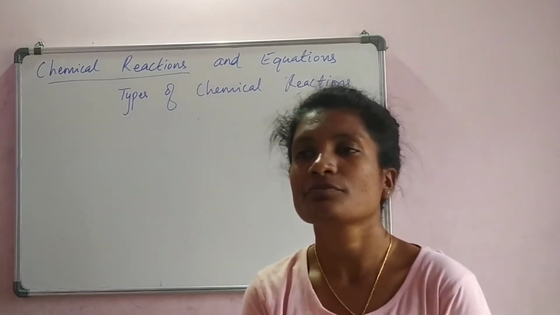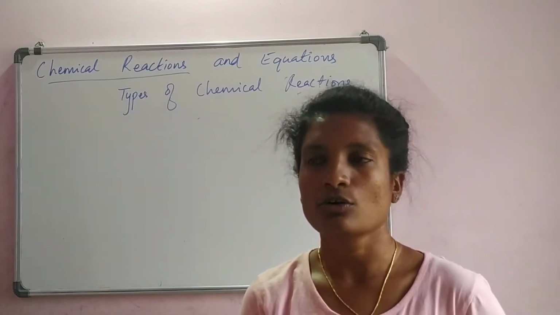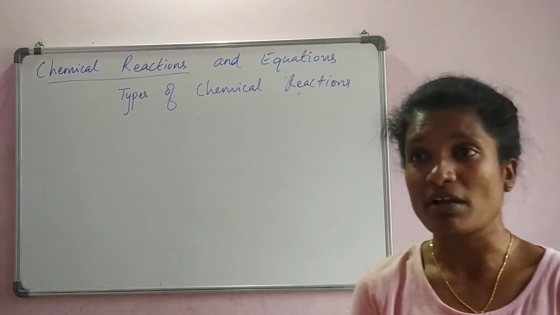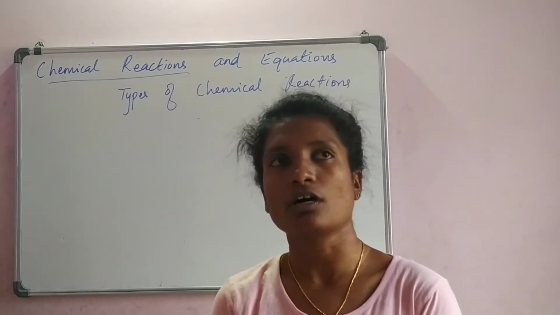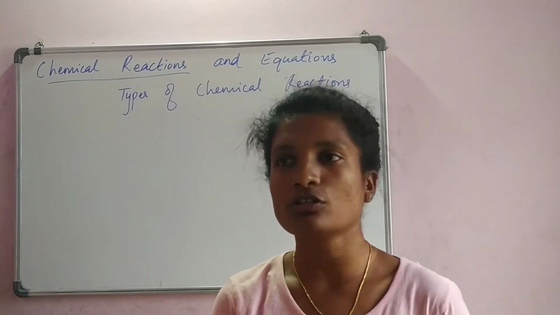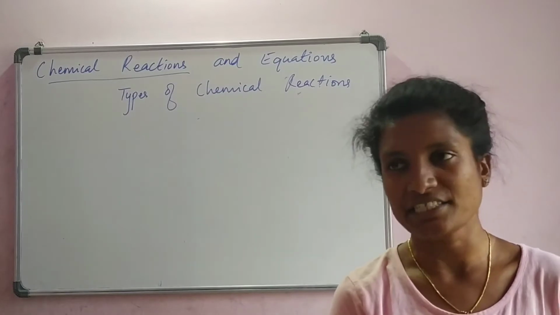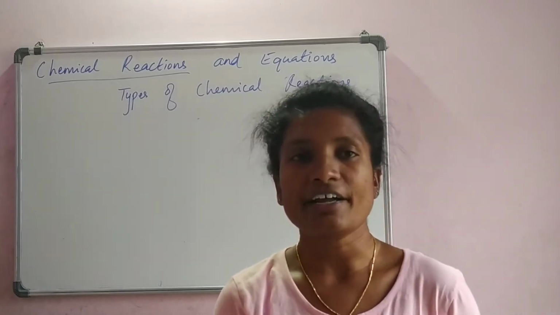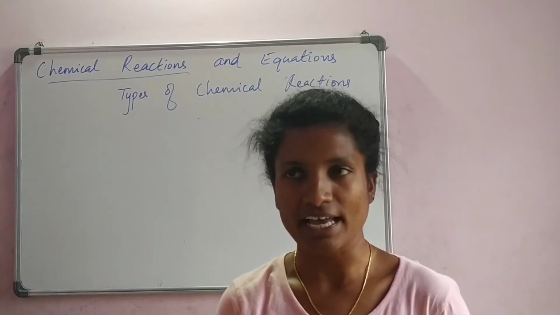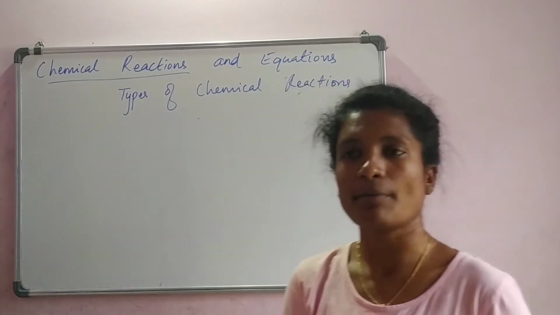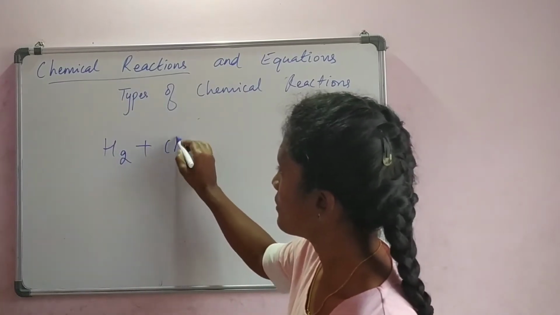Then further, I think one of our students took an example of calcium carbonate, isn't it? So formation of calcium carbonate or slaked lime, all those reactions are also a part of combination reactions. Then similarly, hydrogen gas reacting with chlorine gas to form hydrochloric acid is also an example for combination reaction.